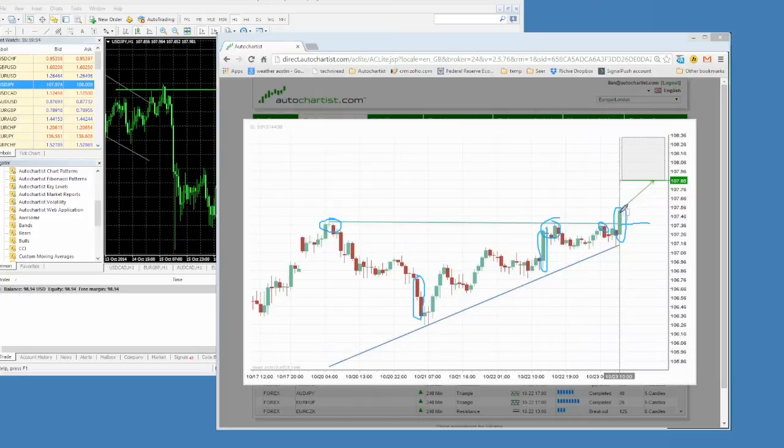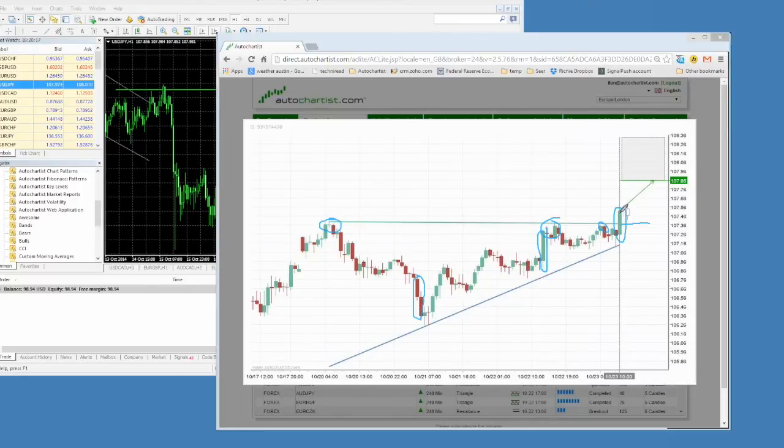Although when I brought up my MetaTrader screen just a few moments ago, I see that I missed this opportunity by an hour or two, and that's something which I want to bring up right now. I am actually in US Central Time, so it's around 20 past 8 right now for me in the morning.